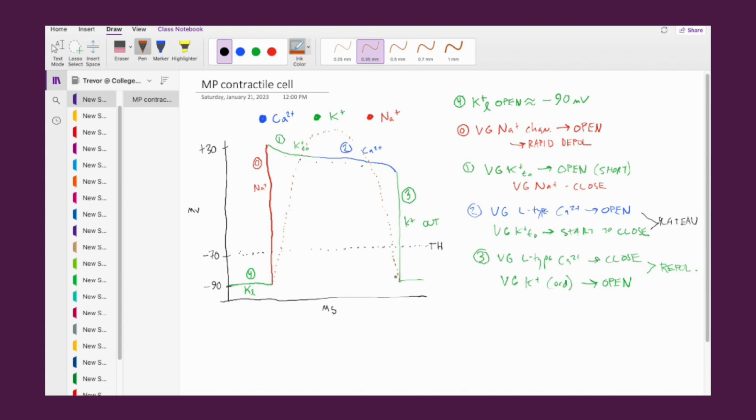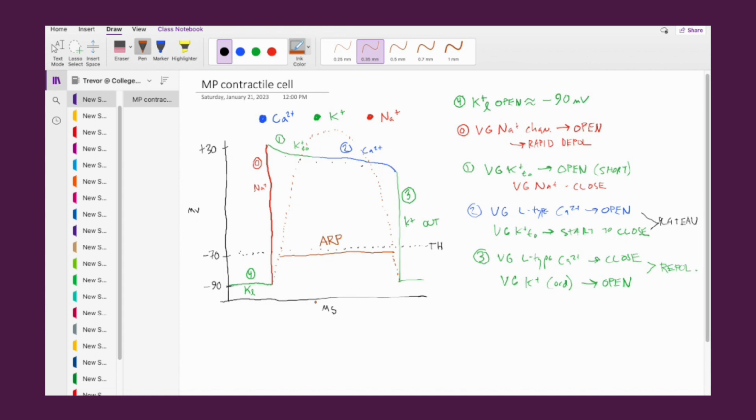So that plateau corresponds kind of to the length of a contraction. Why is that? Because in between here, that gives us an absolute refractory period. And we'll talk about the significance of that next.